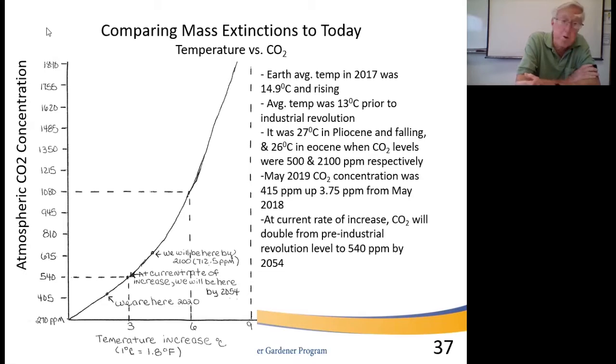Actually, January's average temperature worldwide was 55.65 degrees Fahrenheit, which is 2.05 degrees Fahrenheit above the 20th century average. And 2.05 would be about, let's see, 1.15 degrees Celsius.